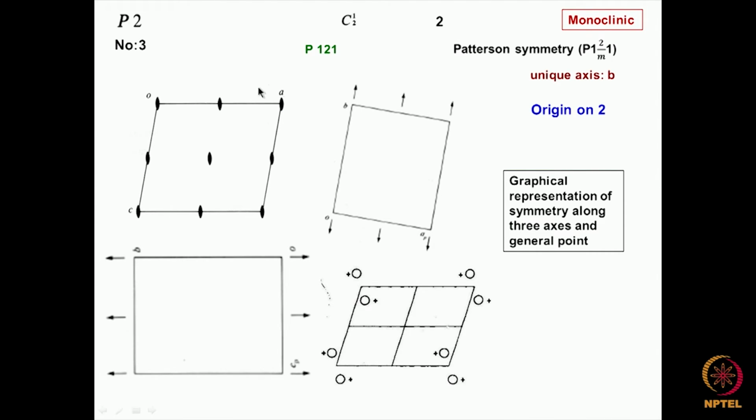Okay. Now it is marked 0 to A, this is the x direction, and this is 0 to C, and the B direction is perpendicular to it in this specific case. And not only this is shown, in the other two directions also, how the unit cell looks like and the symbols associated with it, because this symbol represents that there is a screw axis.